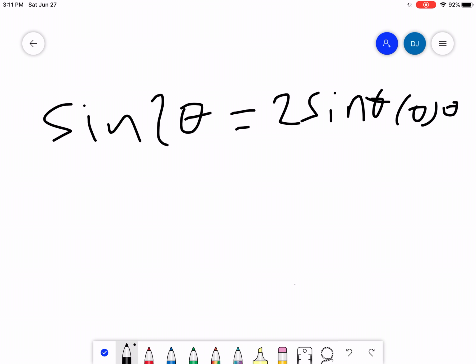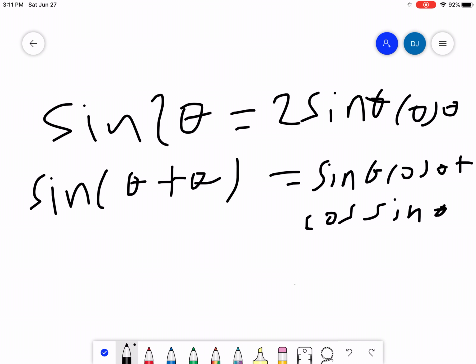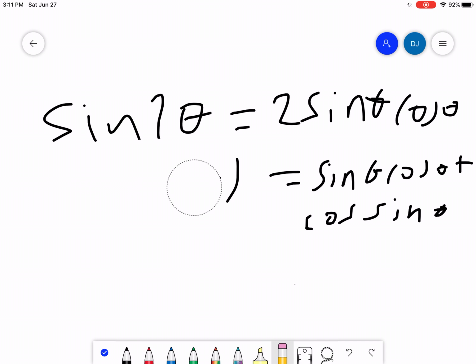The reason why this is true: we know that sine of 2 theta is the same thing as sine of theta plus theta. Using our sum identity, this is sine of theta times cosine of theta plus cosine of theta times sine of theta. And if we group it, we get 2 sine theta times cosine of theta equals sine 2 theta.